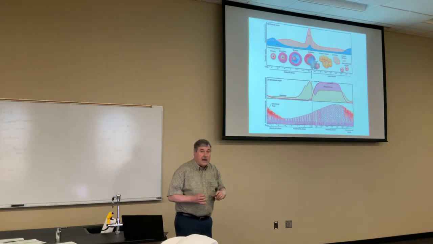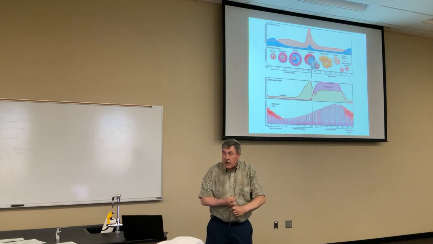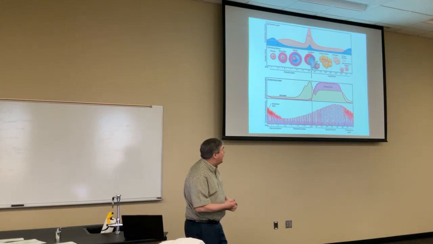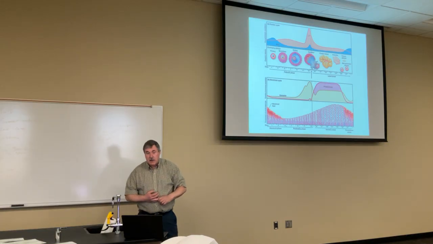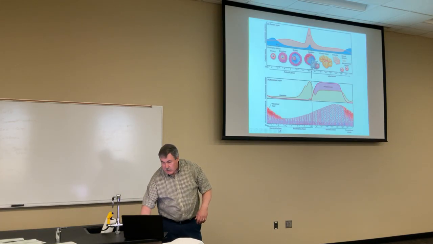That surge of LH causes the maturation of the primary oocyte, forming a secondary oocyte and the first polar body, and it also causes ovulation. It causes the release of the secondary oocyte. Okay, following the release of the secondary oocyte, the empty follicle turns into the corpus luteum.